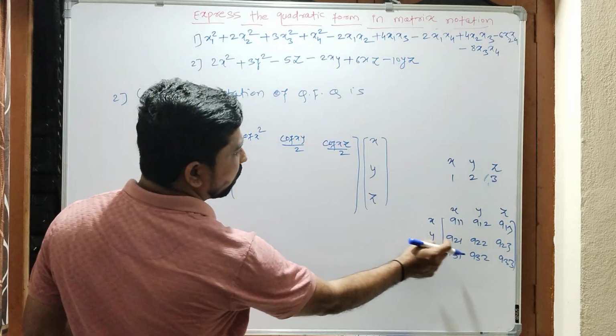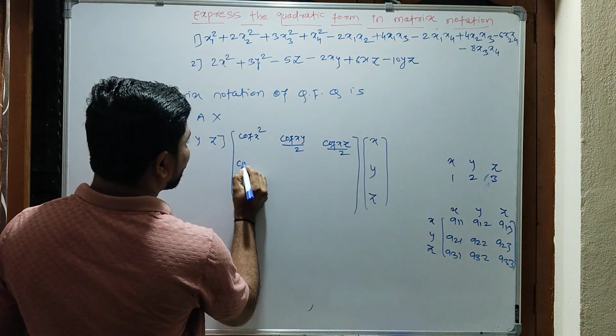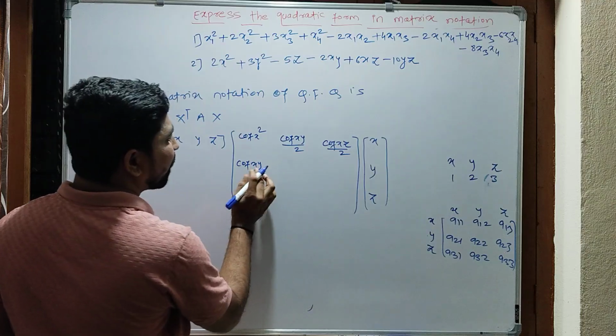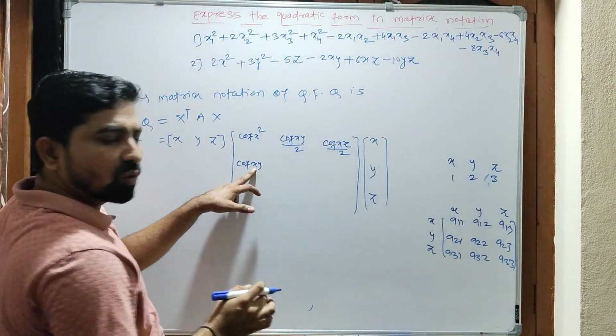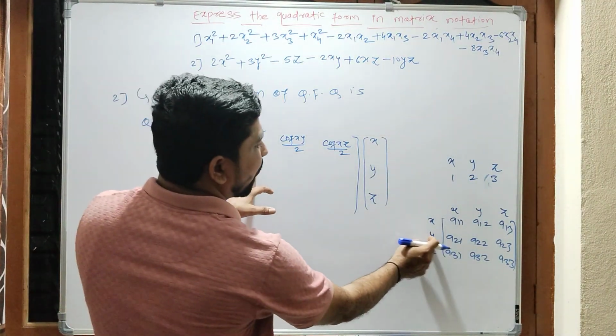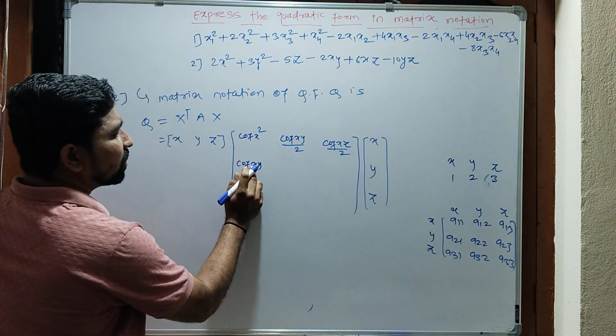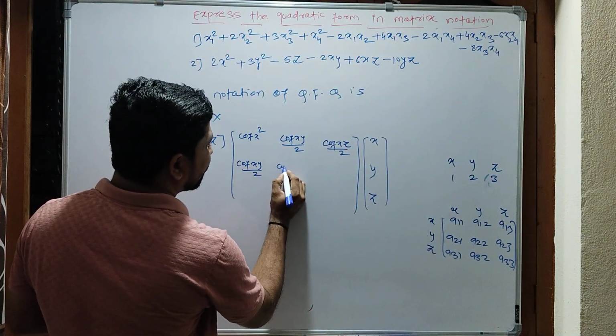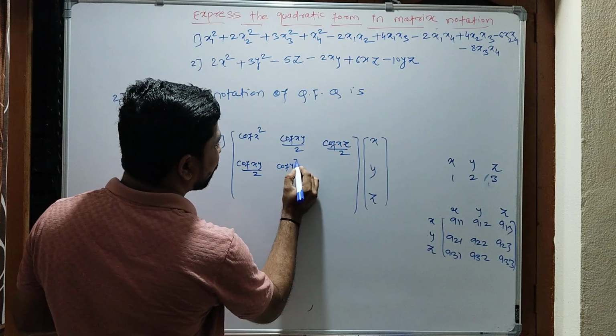Now here in the second row y is fixed. Here the coefficient of yx is the same as xy. Here I want to write the coefficient of yx here, because here yx is 2 1. Here the coefficient of xy is the same as yx. Here divided by 2. Here the coefficient of yy, that is y square.